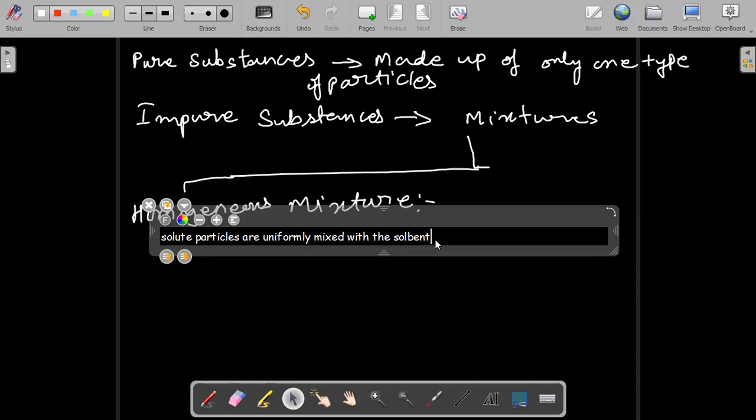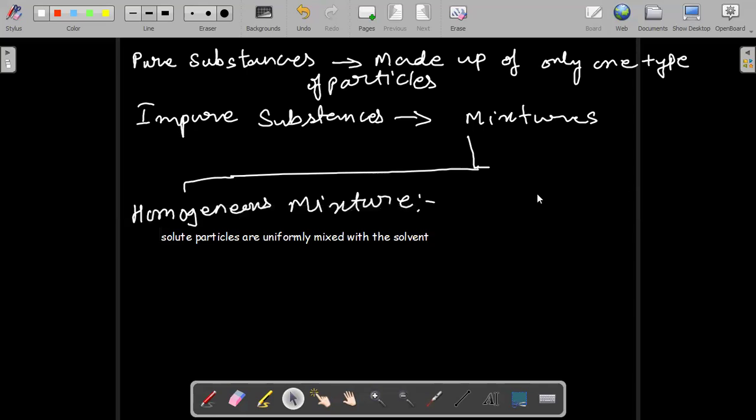So such substances are called homogeneous. Then what are heterogeneous mixtures? Heterogeneous mixtures are the mixtures in which solute particles are non-uniformly distributed in the solvent. Okay. So any example of heterogeneous mixtures?